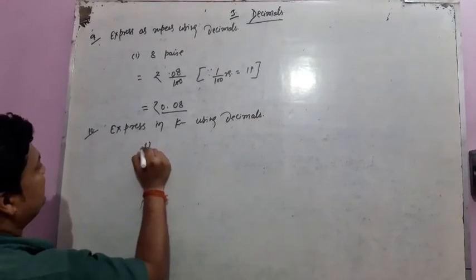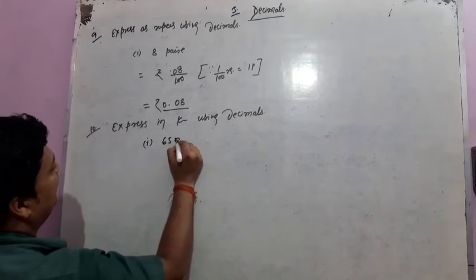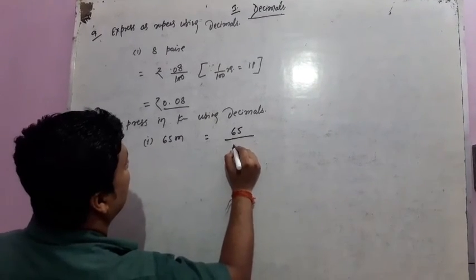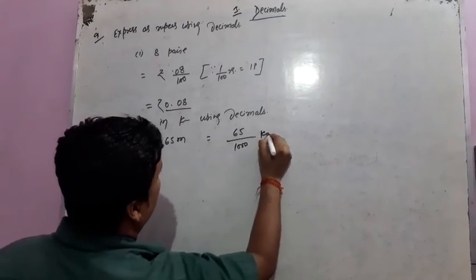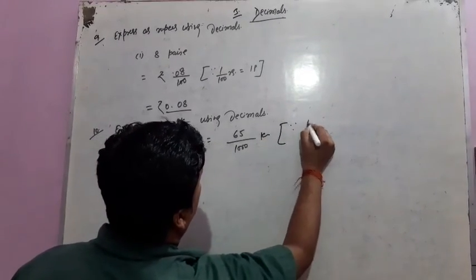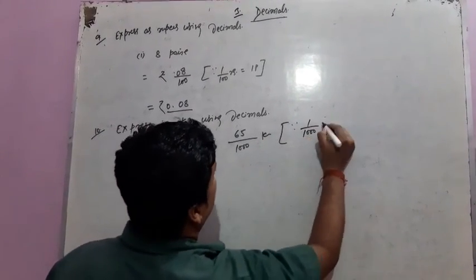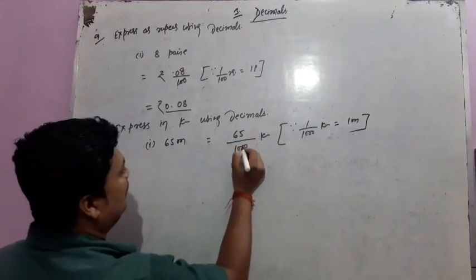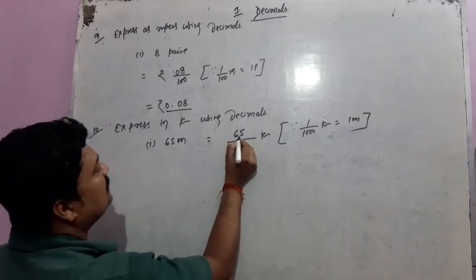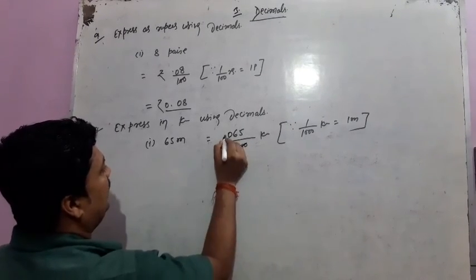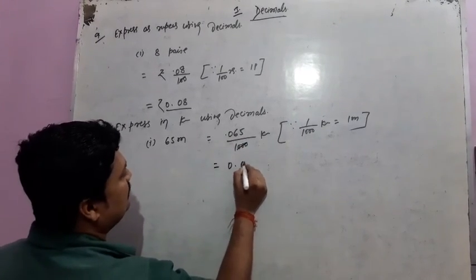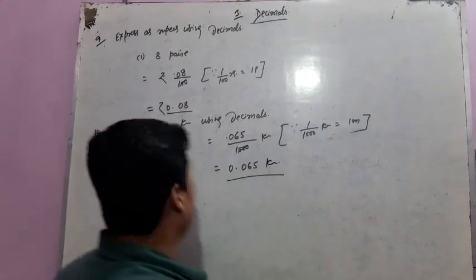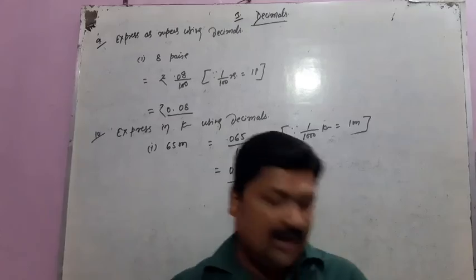Here the question is given 65 meter, that is 65 by 1000 kilometer, because 1 by 1000 kilometer is equal to 1 meter. Now here 3 zeros are present, so keep a 0 here, cut it. Now 0.065 kilometer. In the same way, you have to solve the rest of the questions of question number 10.